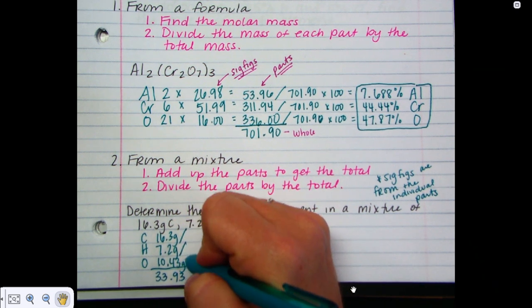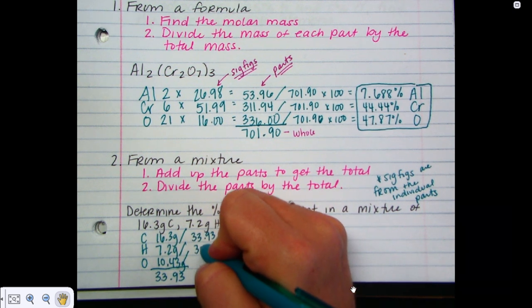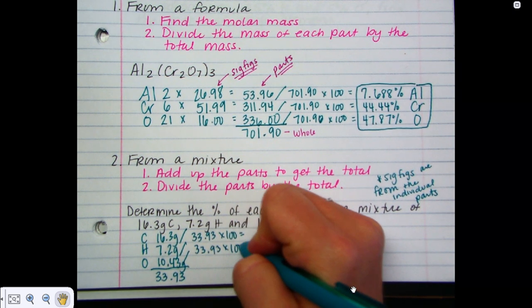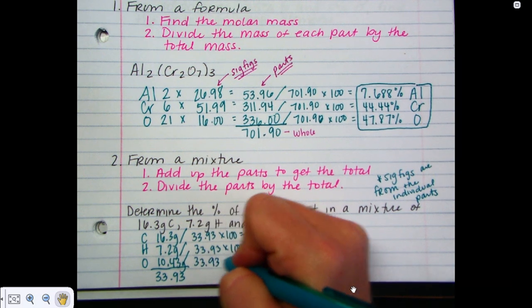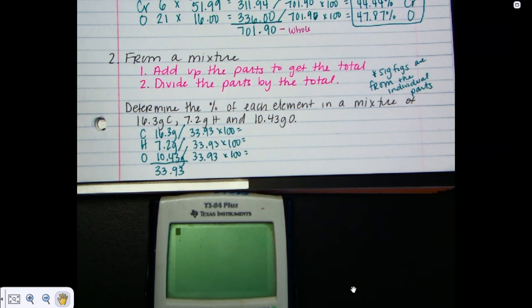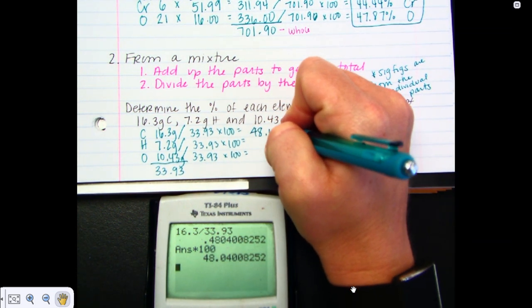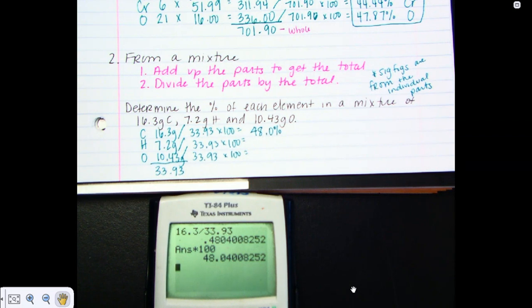So part divided by whole times 100. All right, so let's see, 16.3 divided by 33.93 times 100, 48.048. So sig figs, I can have 3, 48.0. Then I need to do my hydrogen, 7.2 divided by 33.93 times 100.